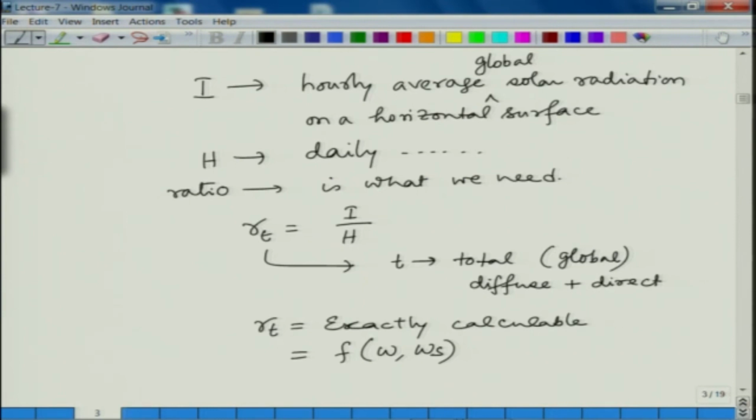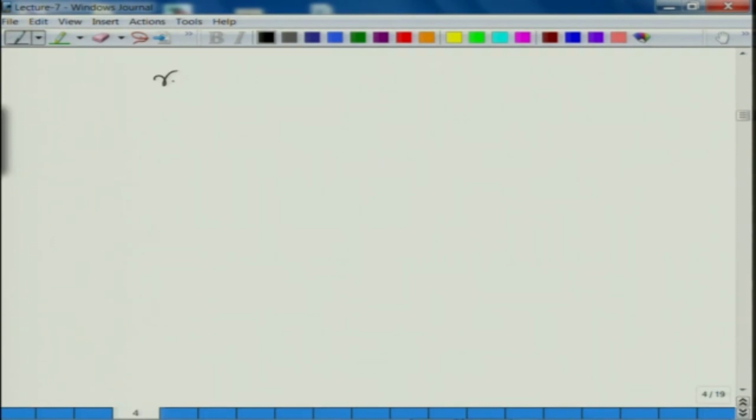And we will see what that function is. So, RT is expressed by the following formula.